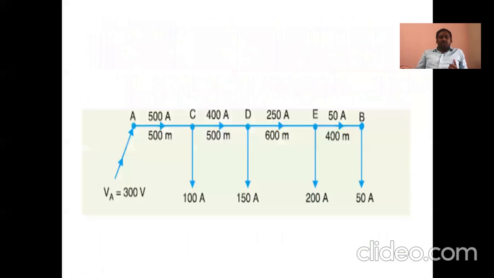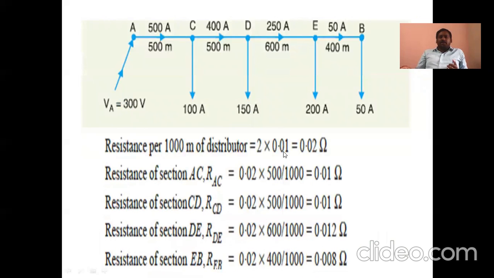The resistance per 1000 meters of distributor: one conductor is given, so for the two-conductor loop resistance we calculate 2 into 0.01, that is 0.02. Per meter it is 0.02 by 1000, and this section AC having 500 meters gives into 500.